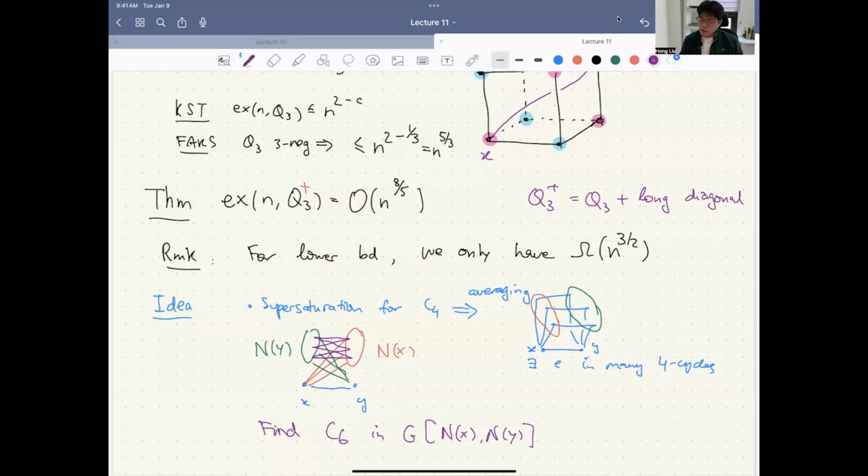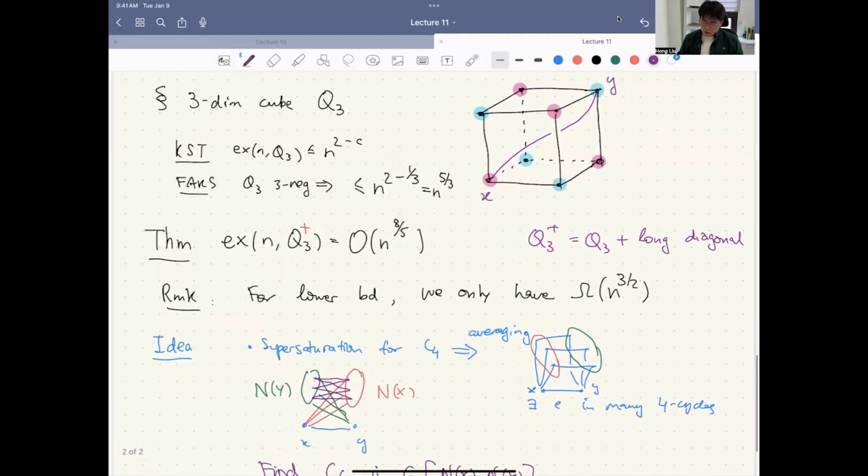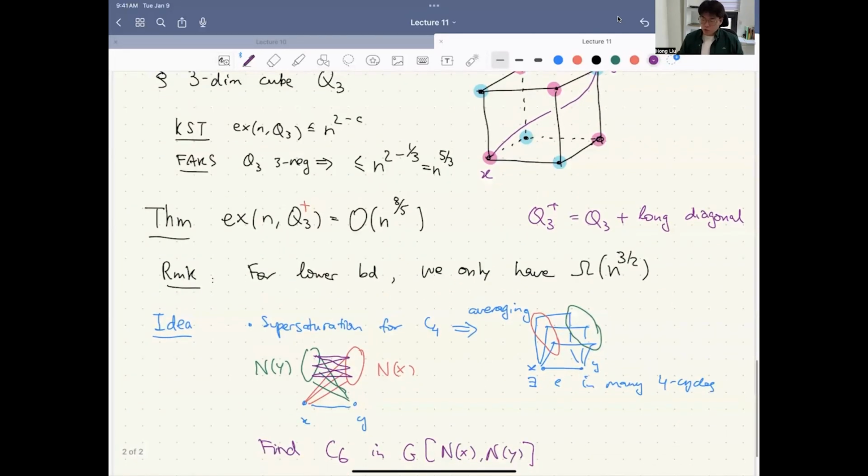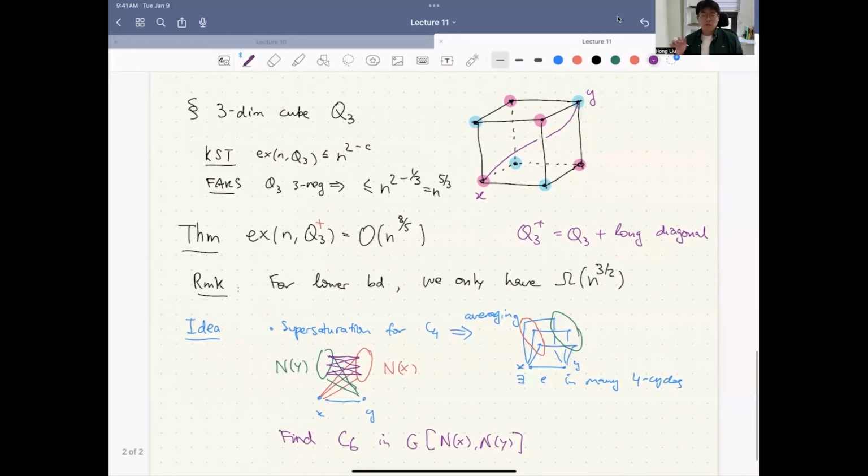Then we are done, because this XY plus the six cycle between their neighborhoods is exactly this graph, the three-dimensional cube with a long diagonal chord.